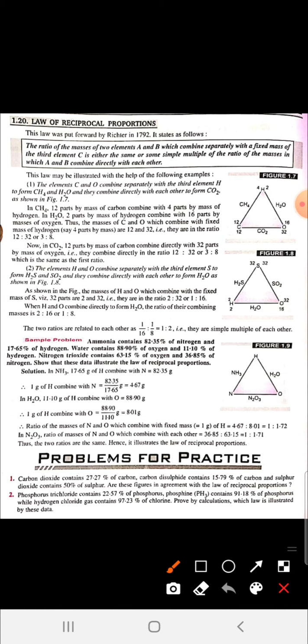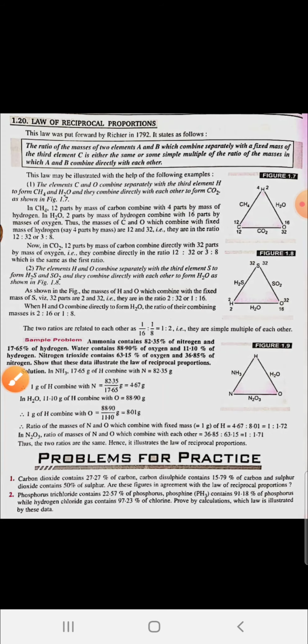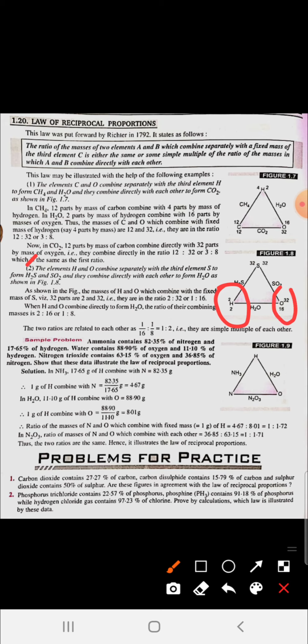In the previous lecture, we did the law of reciprocal proportions, and we discussed only one example. Now we discuss its second example. You can see here the elements hydrogen and oxygen combine separately with the third element, sulfur, to form H2S and SO2.